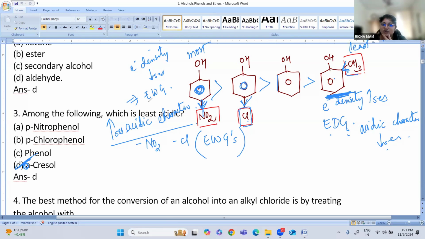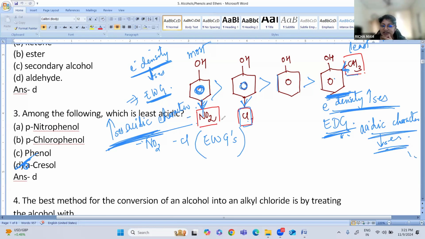So remember this: an electron withdrawing group decreases the electron density, and the acidic character will increase. Whenever you have an electron donating group, the electron density will increase and the acidic character will decrease.